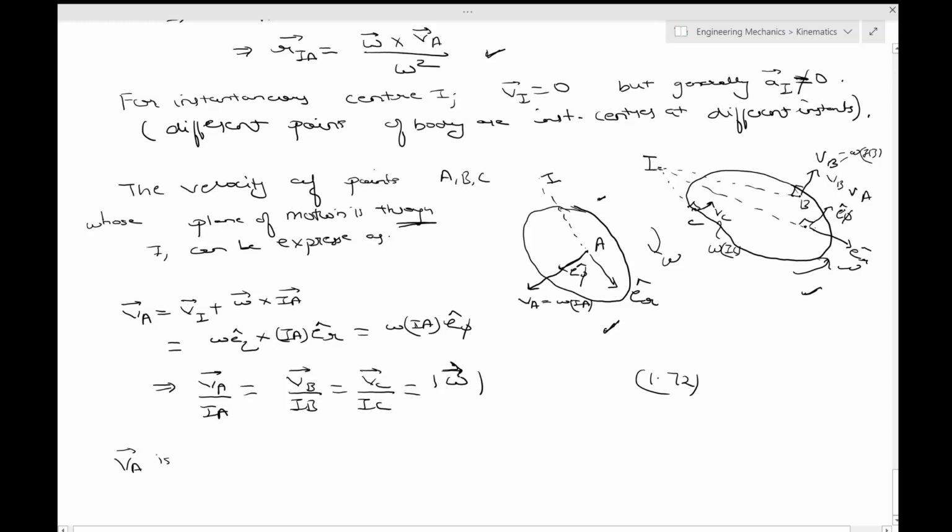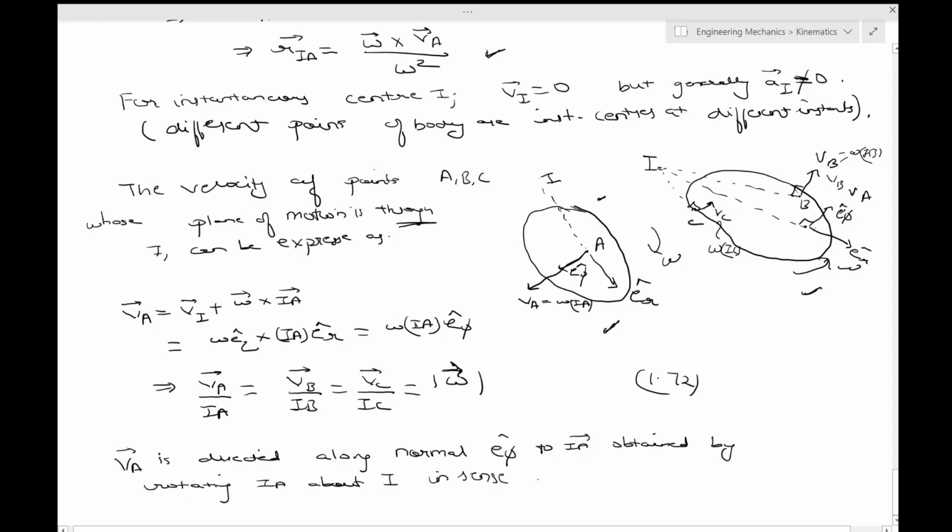VA is directed along normal E5 to IA, obtained by rotating IA about I in sense of omega.